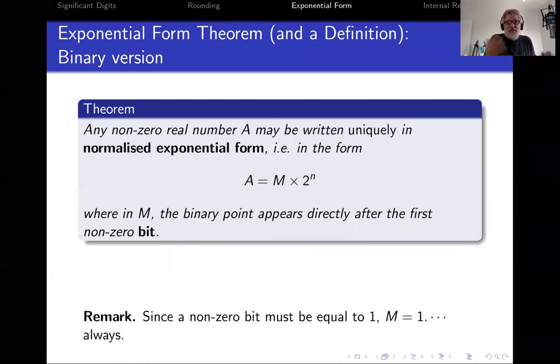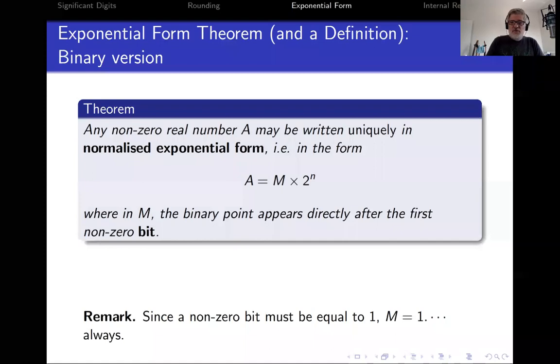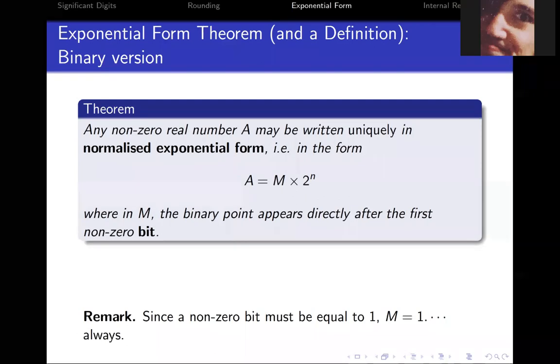So it makes more sense to us because we're very much used to base 10, but this is the result which is used for the internal representation of numbers, okay? So here's the theorem, it's the same. If you take any real number a, which is not 0, you can write it in a unique way in what's called normalized exponential.